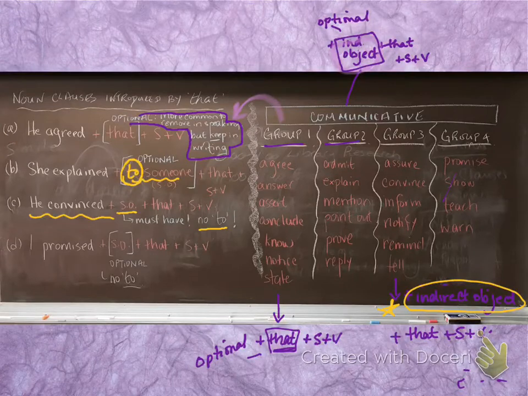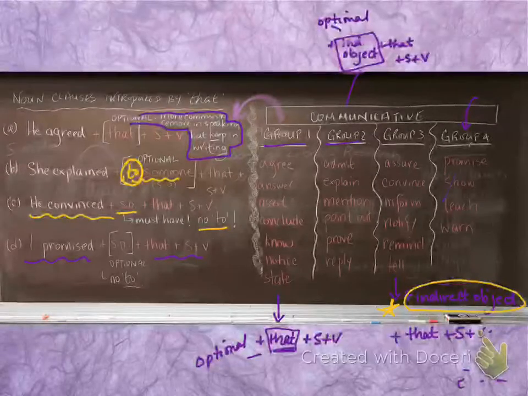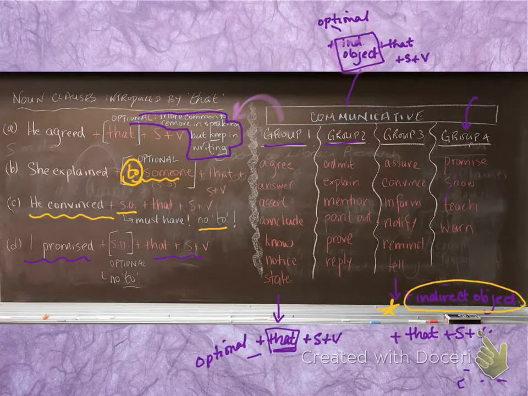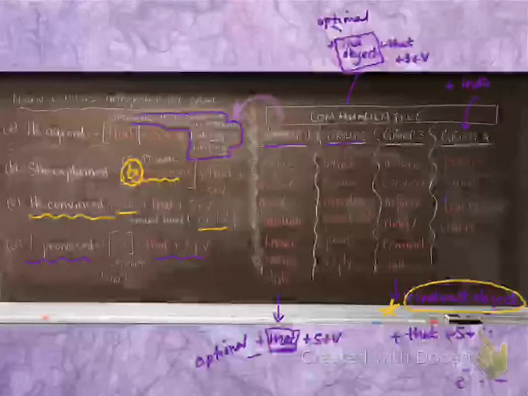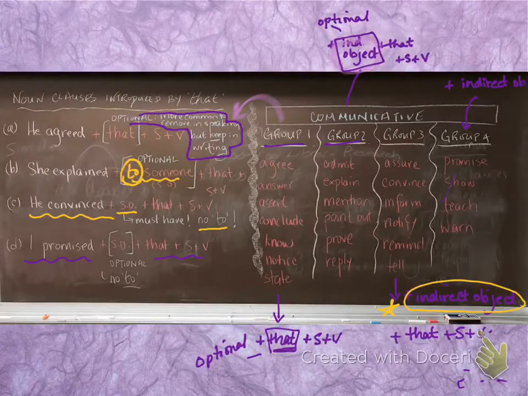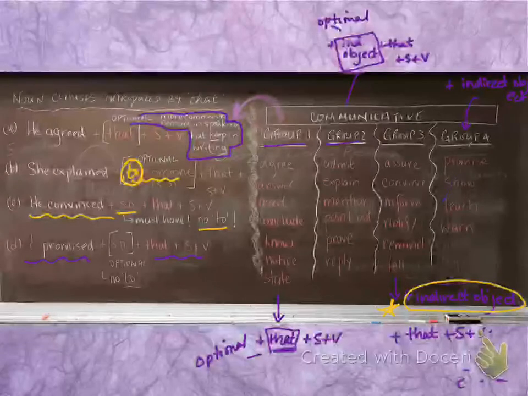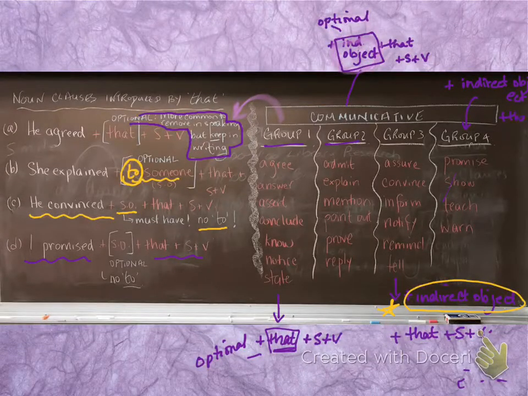Our last category here, we're almost done, is group 4. And this one is, I promised someone that I would come for dinner. So here we've got the verbs in group 4 plus the indirect object, plus that, plus subject, plus verb.